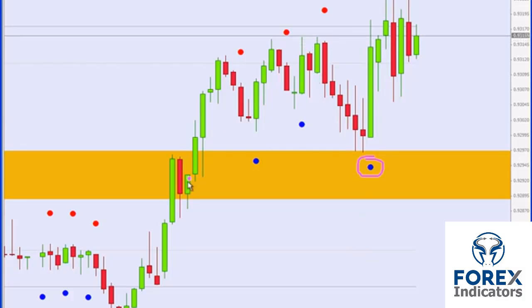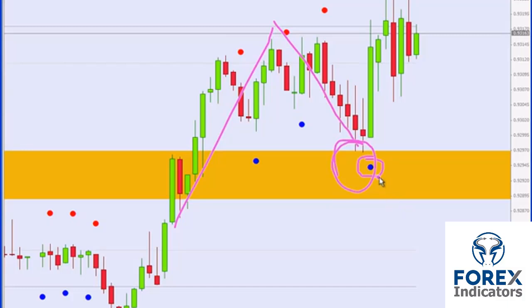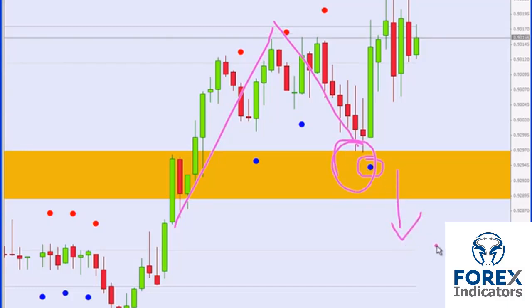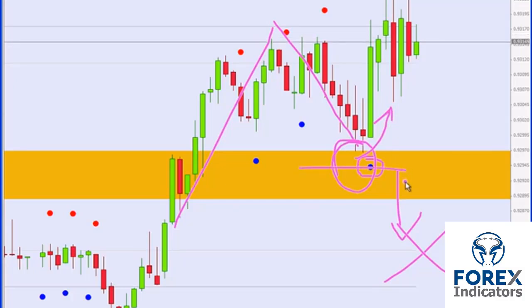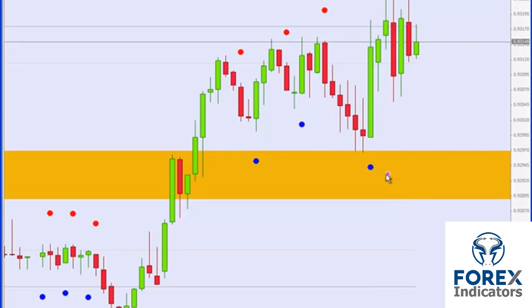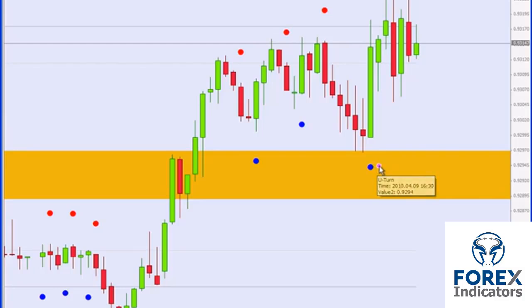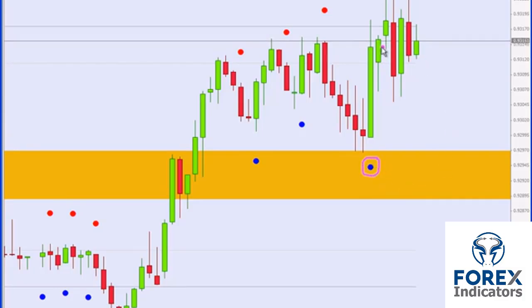Price comes, we have the breakout, then we have the pullback, price comes all the way down there, and as usual, if price breaks below that level, we stop searching for opportunities. We obviously want to see bounces off those areas. So if we do get the bounce, what we are to do is simply wait for the magic dot to give us the signal, and then wait for the close of that specific candle, again on the 15 minutes time frame.